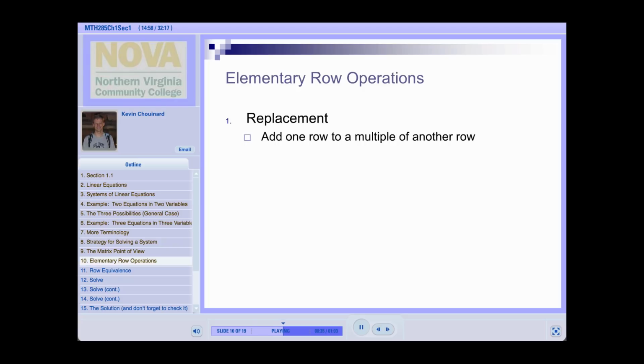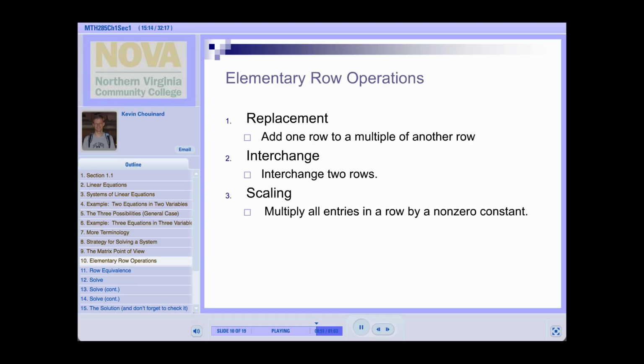You're allowed to do row replacement, where you add a multiple of one row to another row, creating a new row. You're allowed to interchange two rows. And you are allowed to take a row and multiply it by a non-zero constant. You can perform any of these three algebraic manipulations to a system of equations without changing the solution to your system.